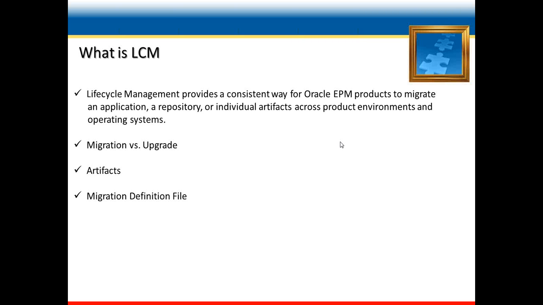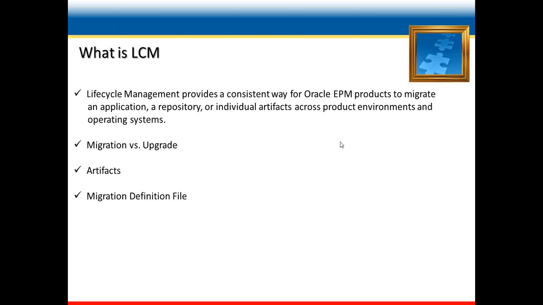So when we talk about migration, it differs with respect to upgrade in that in migration different artifacts or objects of an application are being moved from one environment to another environment. In an upgrade, the particular version of the product gets upgraded, or we take that particular product to the new release.